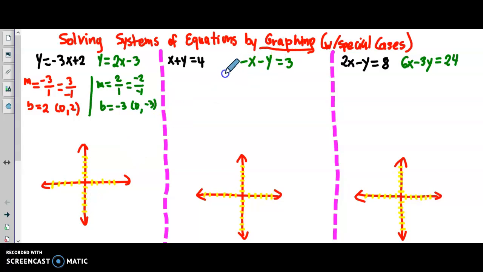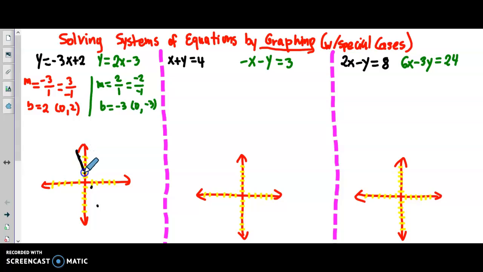All right, let me start graphing the first one. I'll choose the black marker. (0, 2) is right here. The slope tells me down 3, 1, 2, 3, to the right 1. I can do it again, down 3 to the right 1. Or I can go up 3, 1, 2, 3, to the left 1.